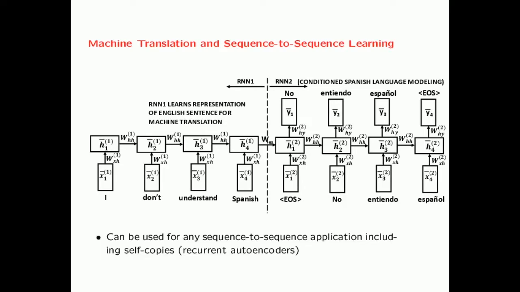But here, let's just look at machine translation, because that is the most important application of sequence to sequence learning. In fact, my understanding is that the Google Translate output that you see currently uses this type of neural network based machine translation. Here you can see that the first part, RNN1, has missing outputs. Here the input is "I don't understand Spanish," and then we move on to the next recurrent network.